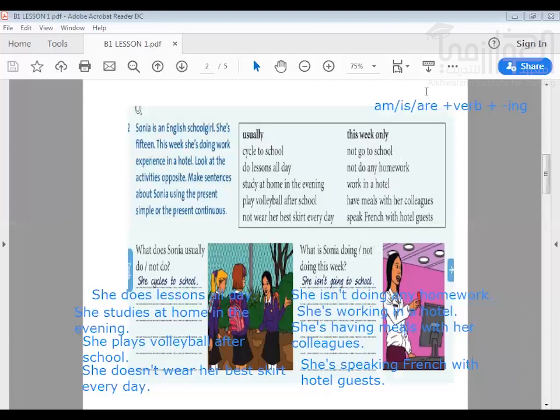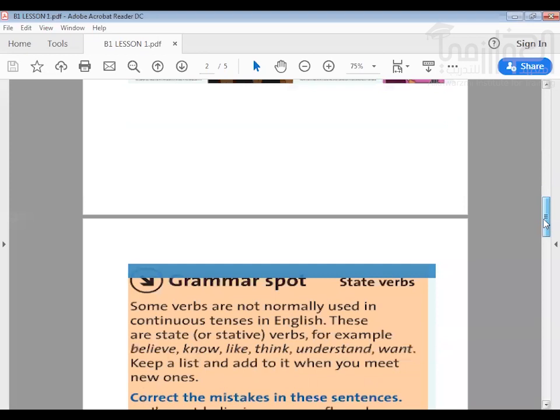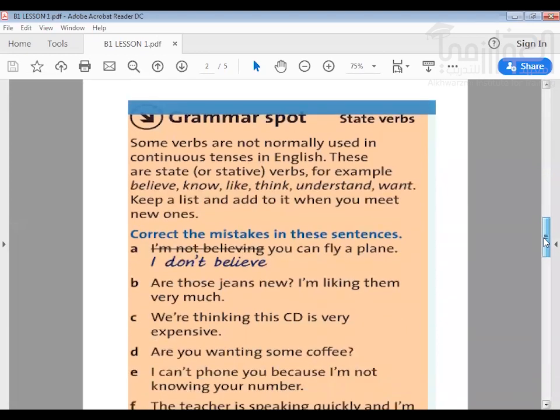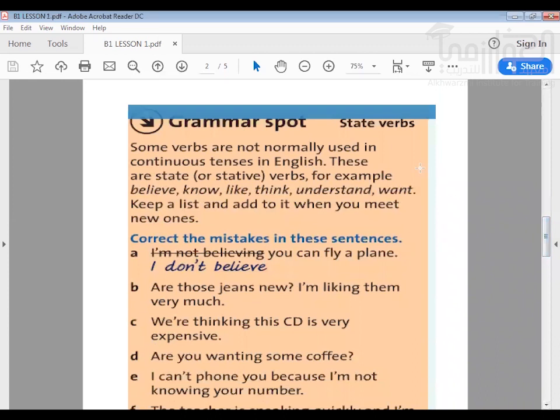Okay, now let's move quickly to the next activity. Now, this is also about what we call state verbs. We've just seen the present continuous, but it's not all verbs that we use in the present continuous.